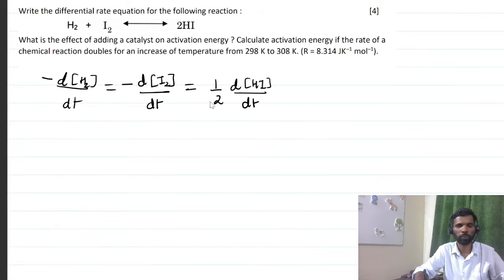So stoichiometric coefficients whichever are there we divide it by those terms. So this is what a differential rate equation for this.